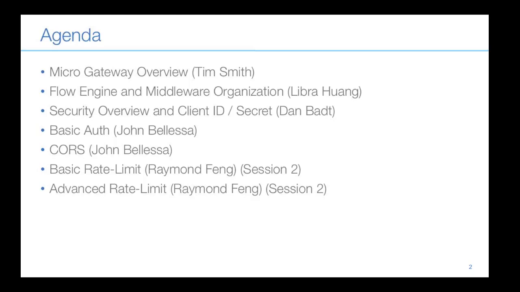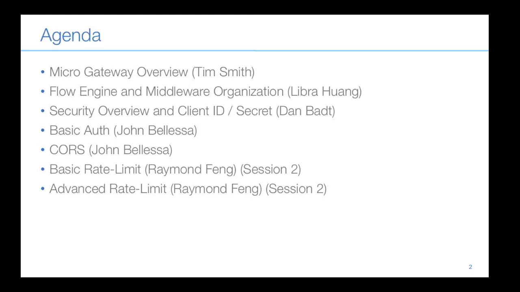And then we're going to go into security for a bit. So Dan Bott will take us through the security overview. He'll also talk about client ID and client secret validation. Then John Balessa is going to take us through a couple of sections on security. One will be basic auth, and the other will be CORS.